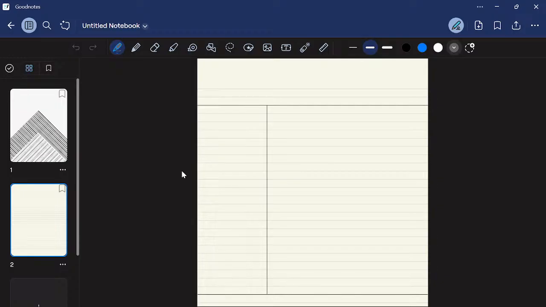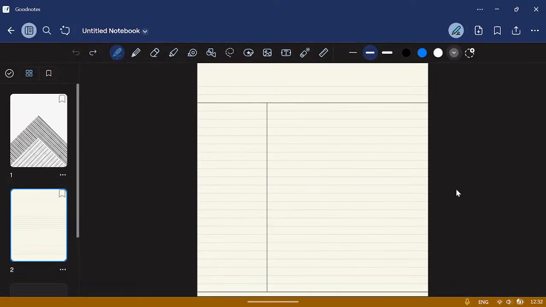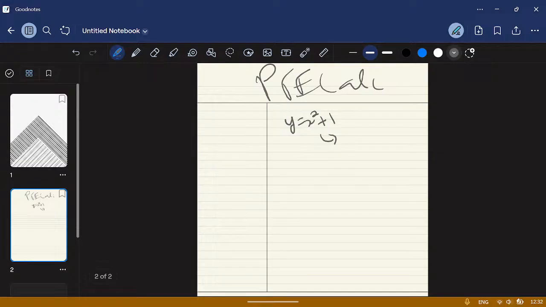Okay. Let's get started. So it says y is equal to x square plus 1, which can also be written as f of x is equal to x square plus 1.